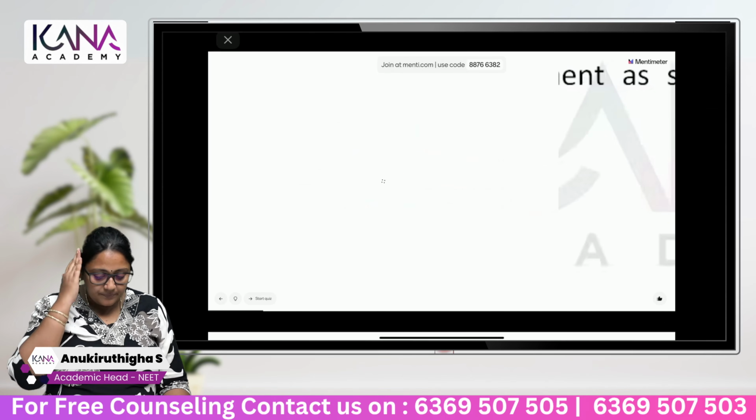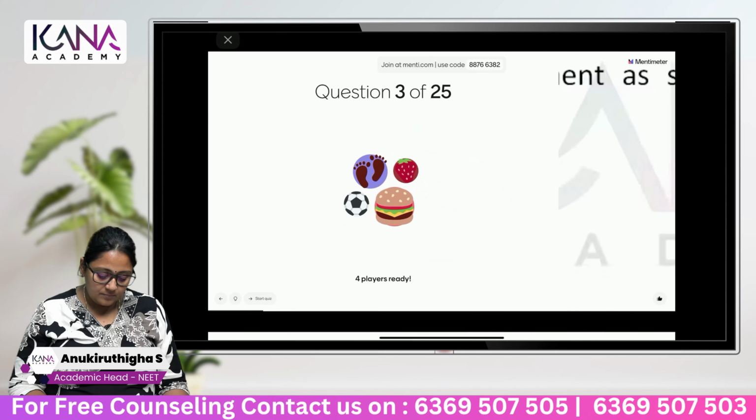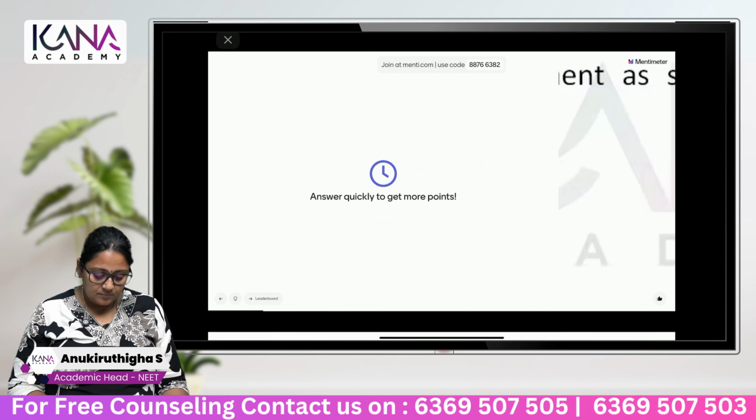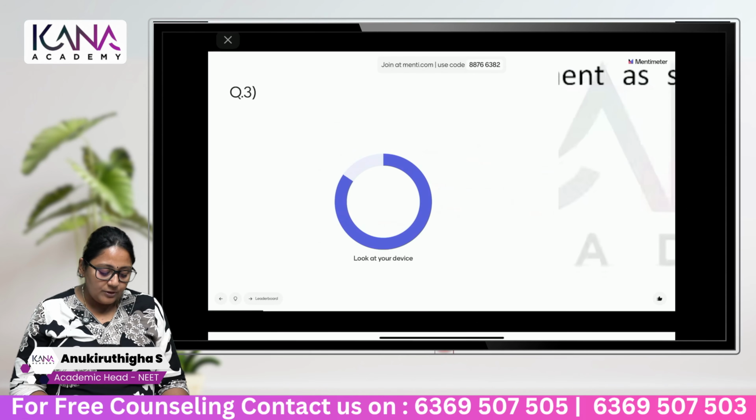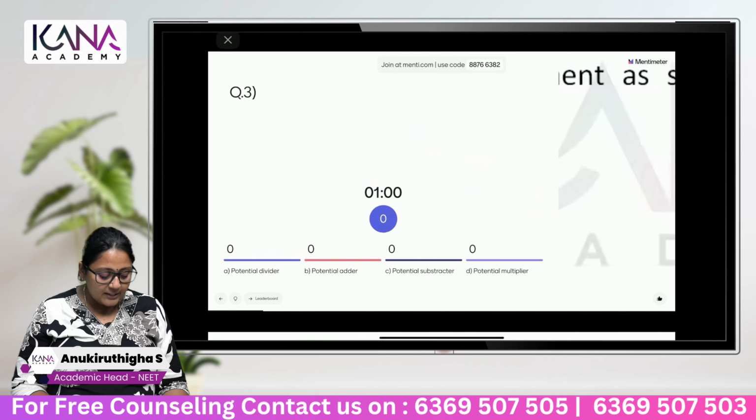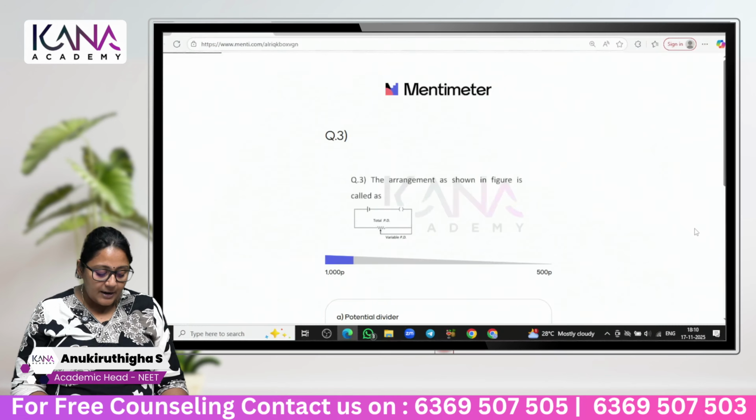The next. The arrangement as shown in the figure is called as, ஒரு arrangements கொடுத்துருக்காங்க, ஒரு diagram கொடுத்துருக்காங்க. அந்த diagram பார்த்துட்டு அது என்னன்னு கேட்குறாங்க. ஸோ பொட்டன்ஷியல் டிவைடர் ஆப்ஷன்ஸ் வந்து potential divider, potential adder, potential subtractor, and potential multiplier. And you're left with 45 seconds.